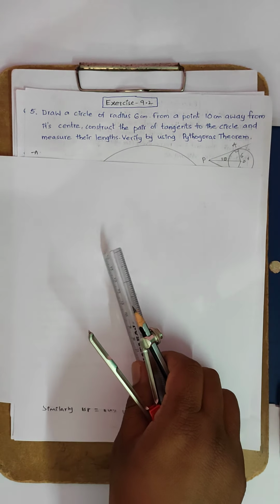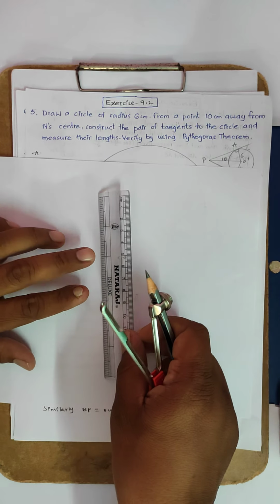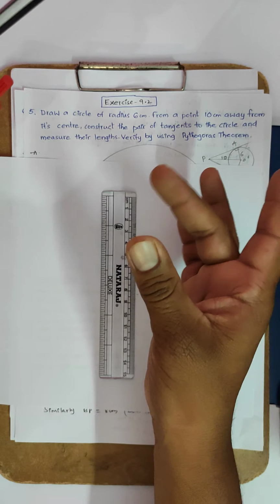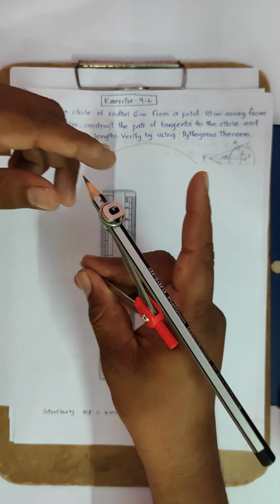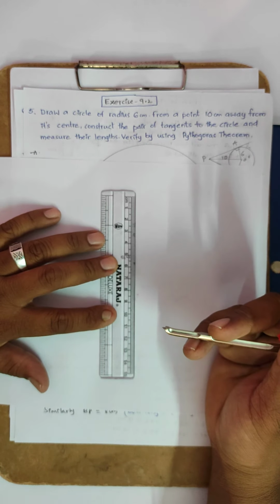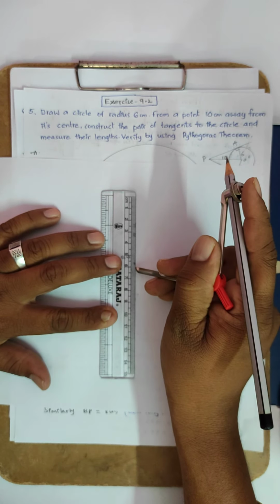Draw a circle of radius 6 centimeter. How can we take a radius of 6 centimeter? See, using these two fingers, open the compass, place a ruler like this, 6 centimeter.